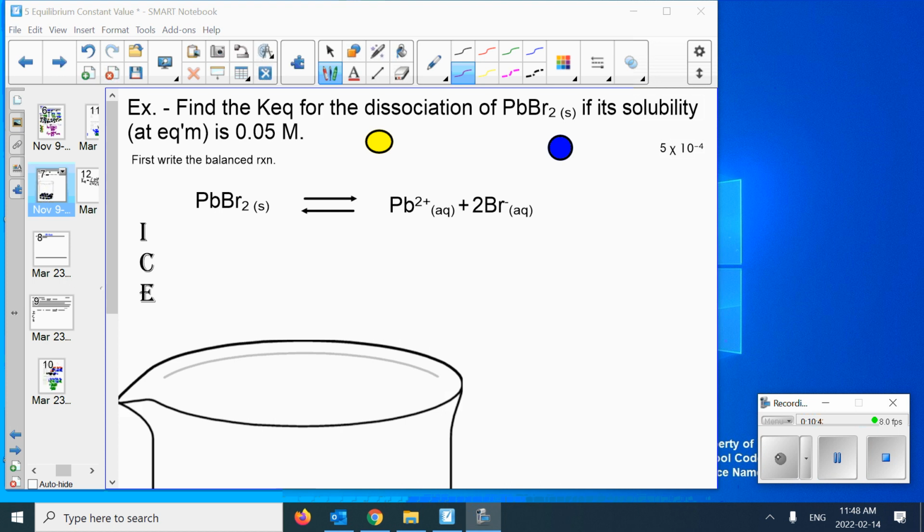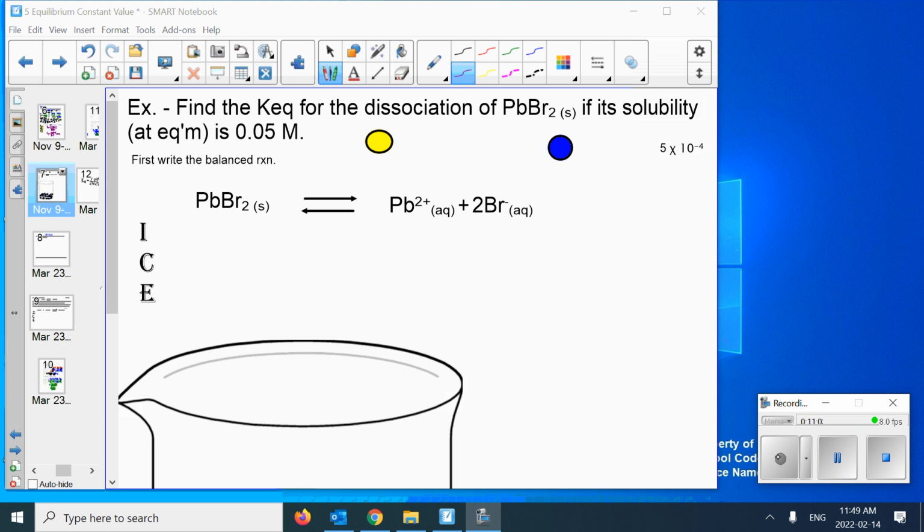So here's another example, an ICE chart, and I will use a visual for this one too. Now, find the K for this dissociation of lead bromide. It's a solid. I don't give a lot of information here, and this is why I want to show you.